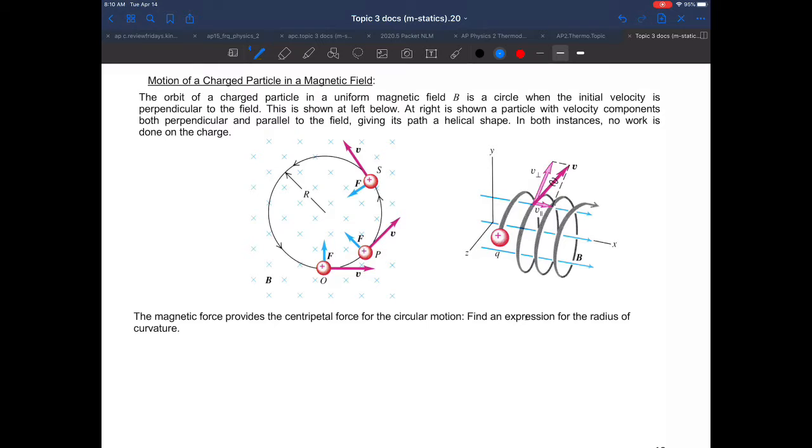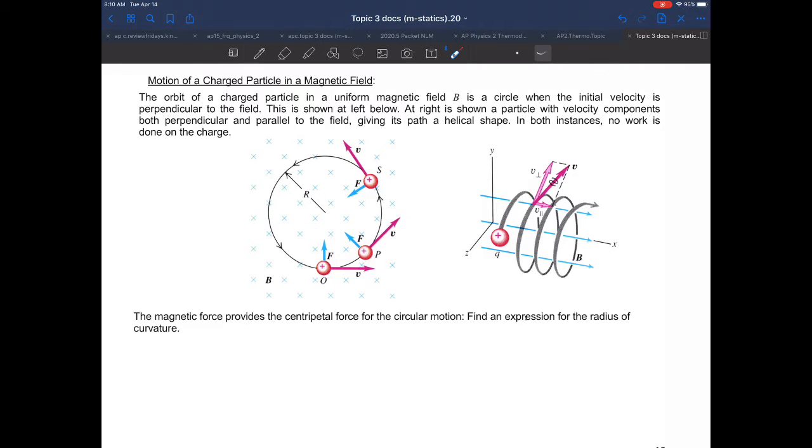Okay, so here you have a view of a motion where a particle is moving and it experiences an inward force. This velocity is only in the xy plane, and that makes force kind of in the radial direction, in towards the radius.